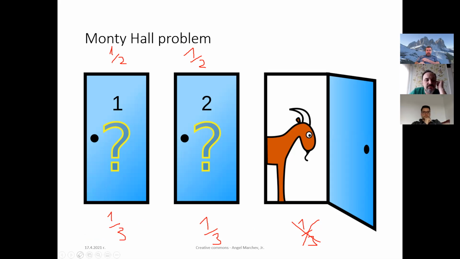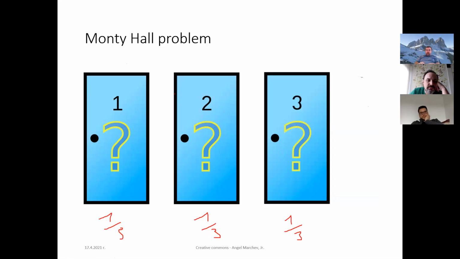The reality is that this is not correct, and the reality is that beforehand, and actually I'm going to return back and state it up here. This was 1/3, and this is 2/3.